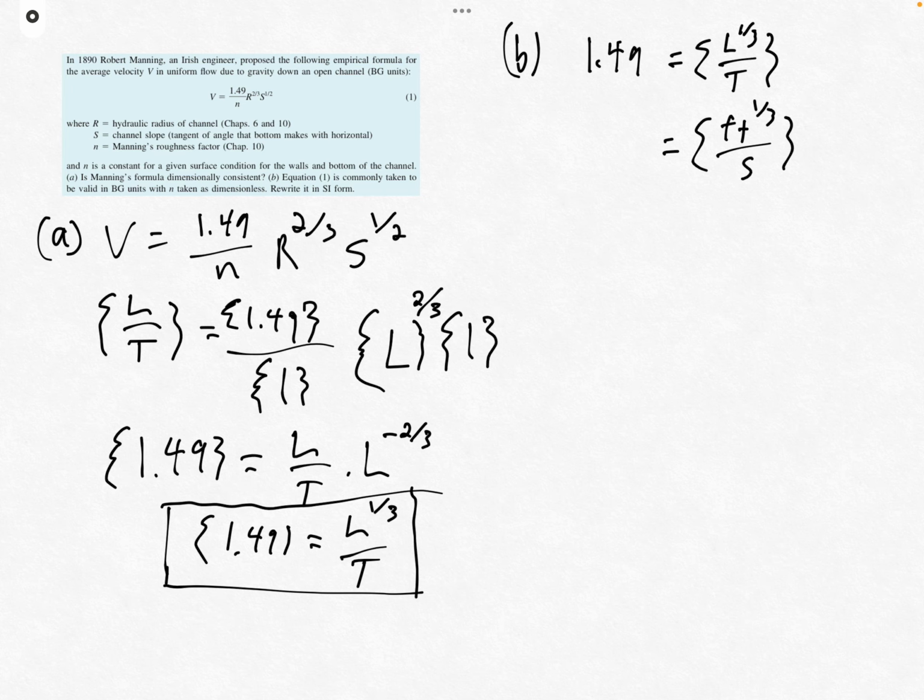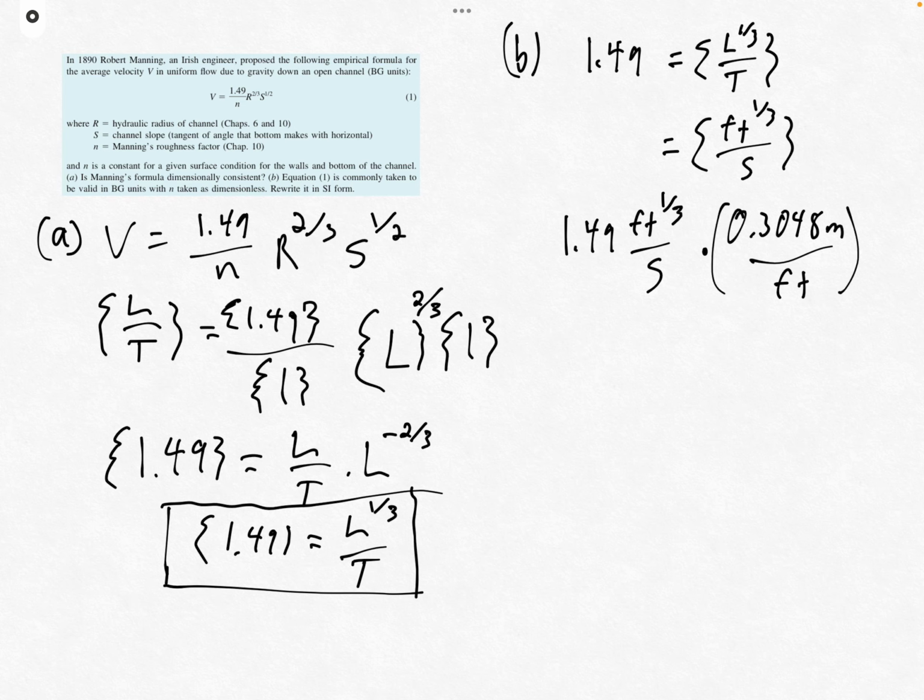And so we have this expression, 1.49 feet to the 1/3 per second. And now we're going to multiply by our conversion factor, right, times 0.3048 meters per foot, that whole thing raised to the 1/3 power.